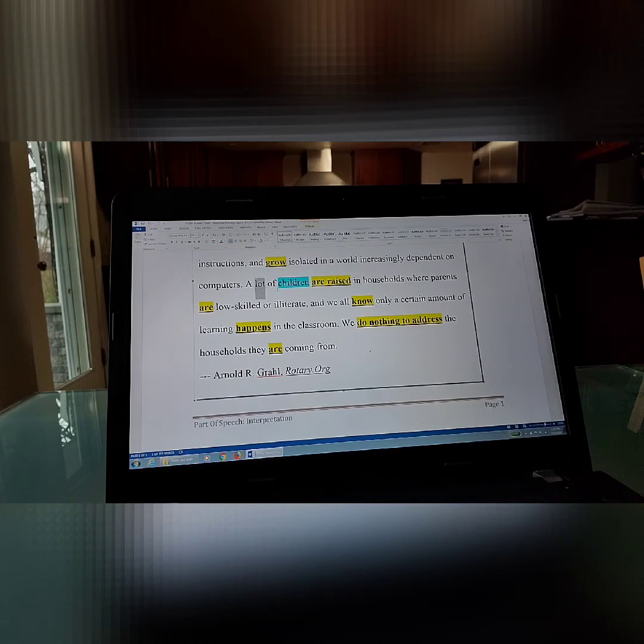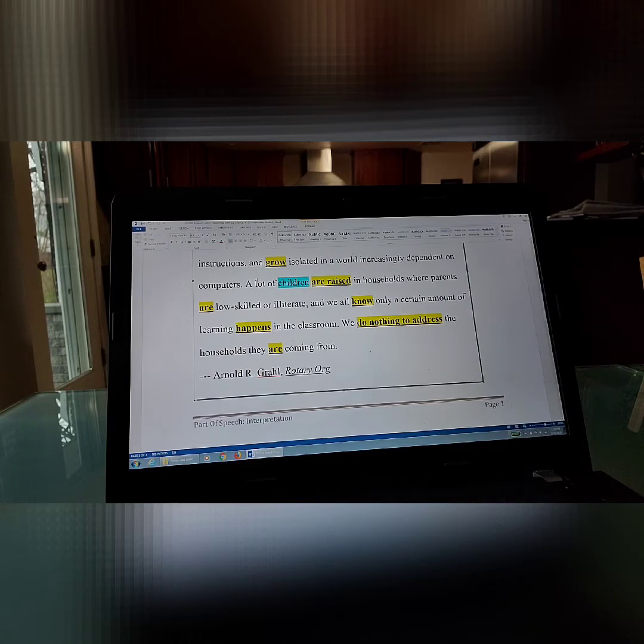Now, notice that we have another verb here, right? We have are, which is by itself. That means that, again, if it's state of being, we know that the rest of the sentence, and when we say the rest of the sentence, really we're saying up to that comma there, right? So we know that the rest of the sentence is pretty much just giving us information about that subject.